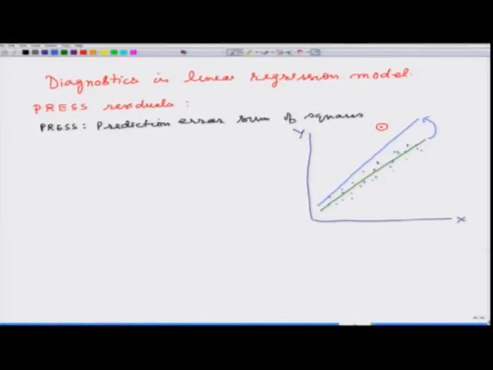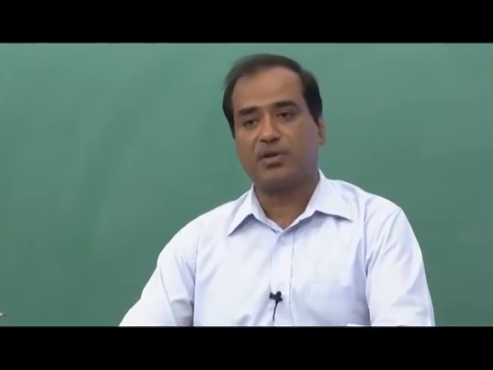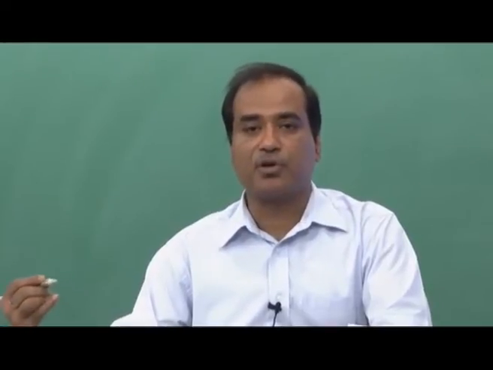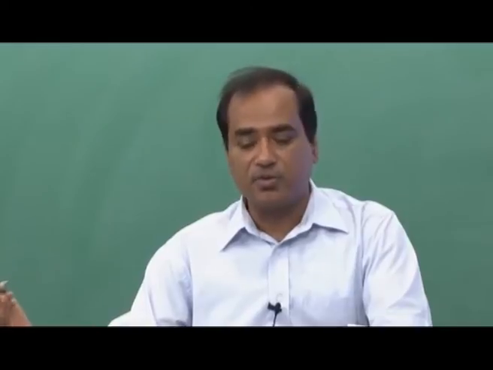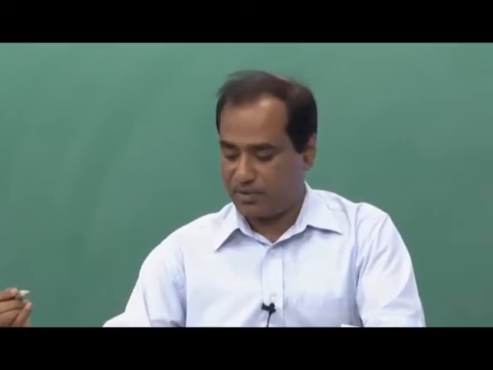Now, there can be two cases. First of all, these extreme or unusual values may be a part of the experiment. In that case, we have to use some other statistical tools which can take care of such unusual observations.